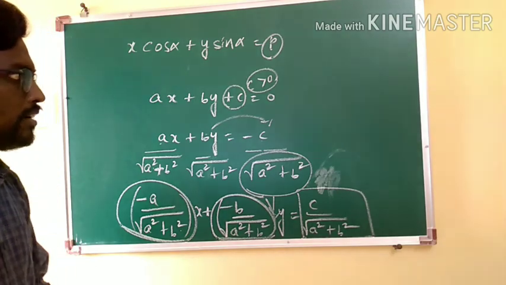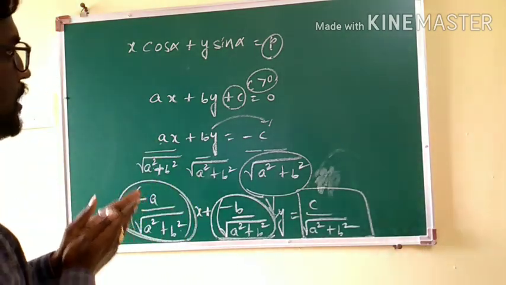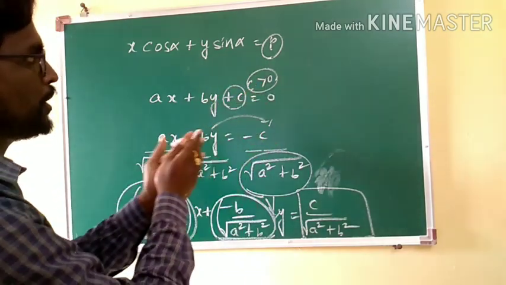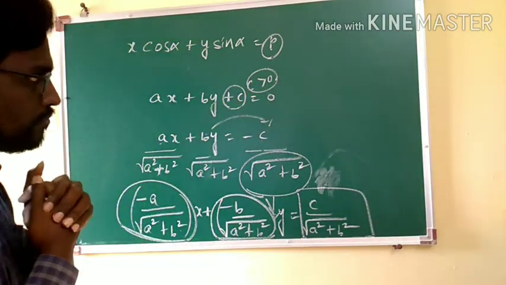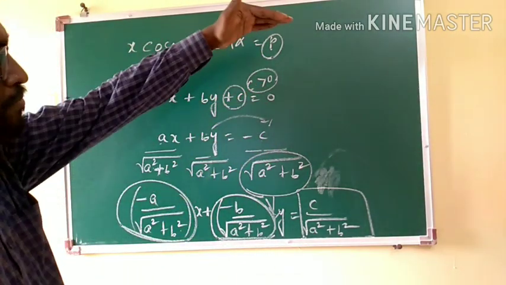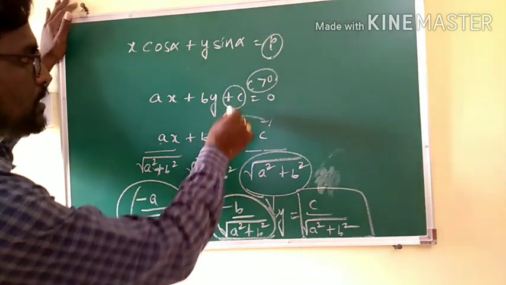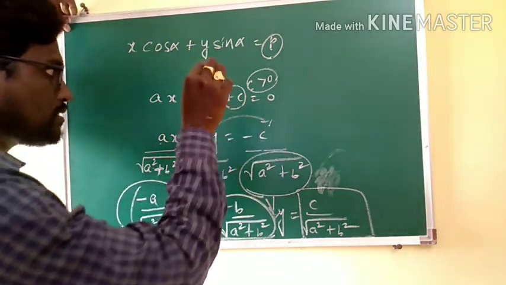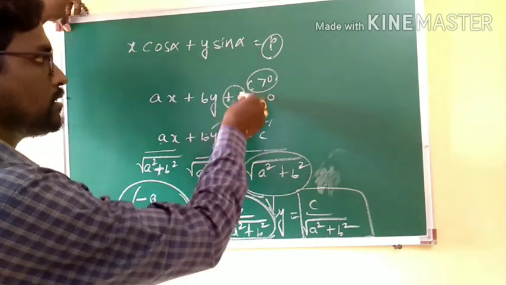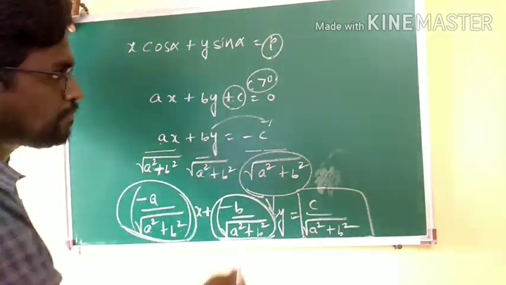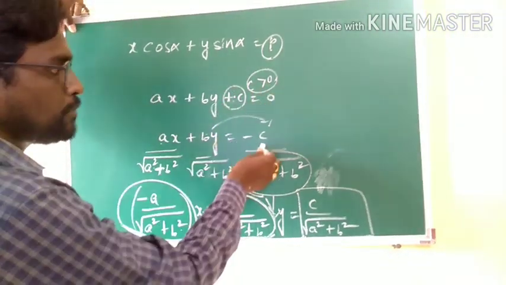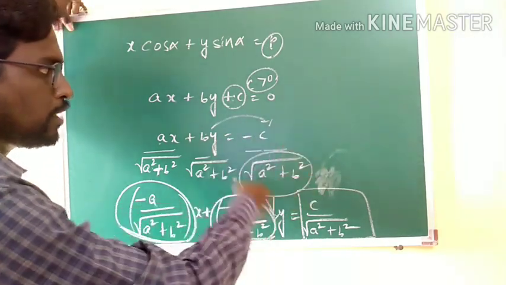I repeat, here we are trying to convert ax plus by plus c equal to 0 into normal form, and hence to get it equal to some p format I am transposing c to the other side. If c is positive in the given equation, transposing to the right side it becomes negative, but the length should not be negative at all.